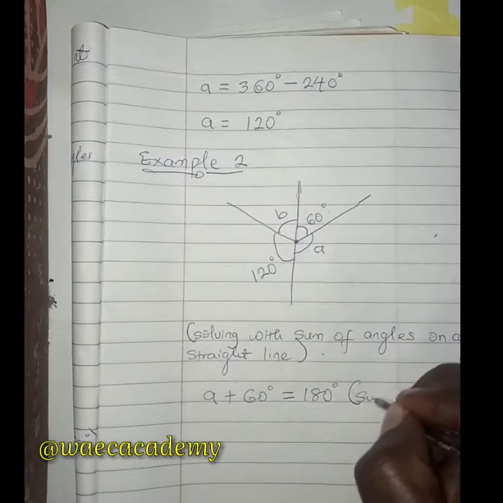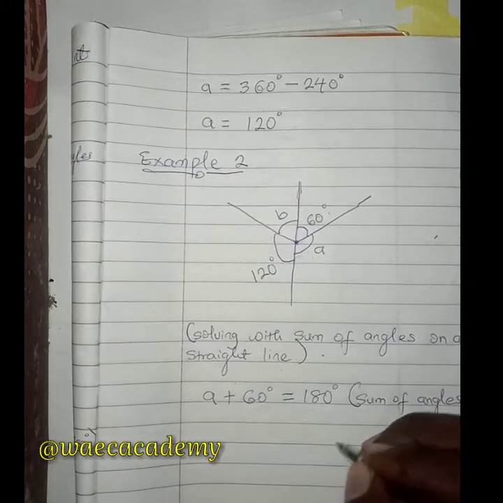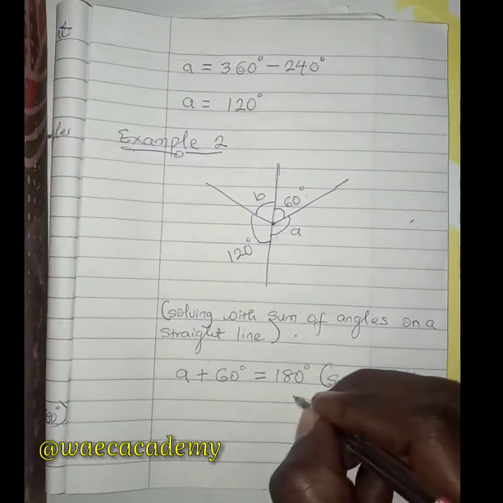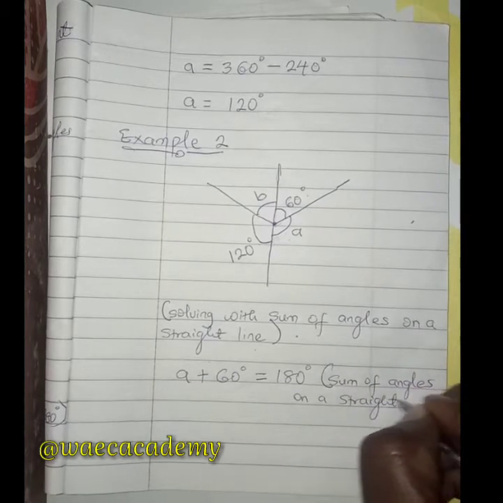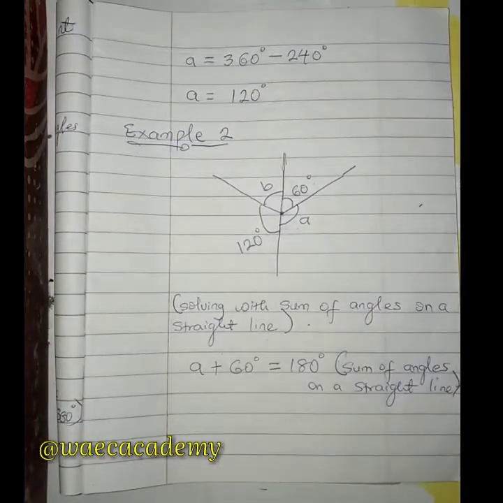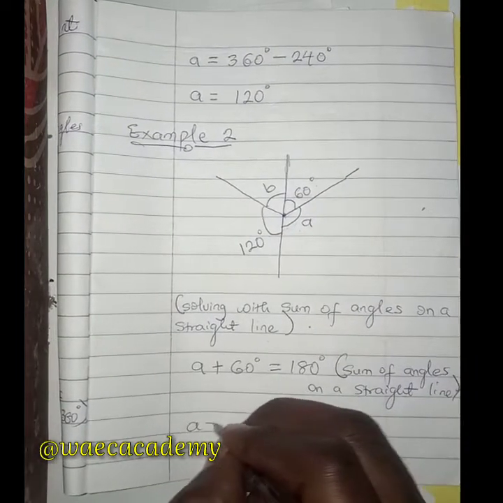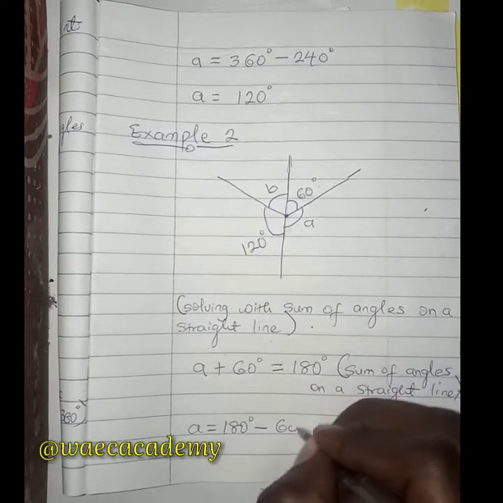Sum of angles on a straight line. No problem. Then after that, we have A equals 180 degrees minus 60 degrees.